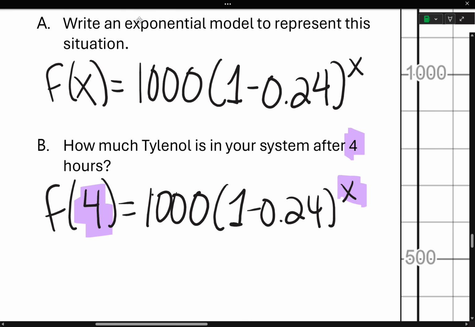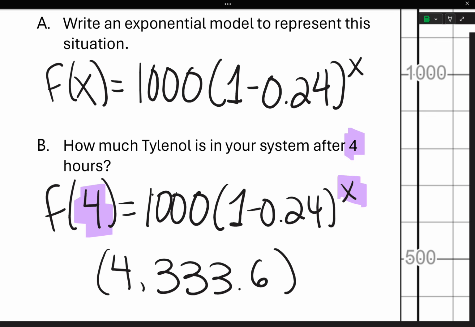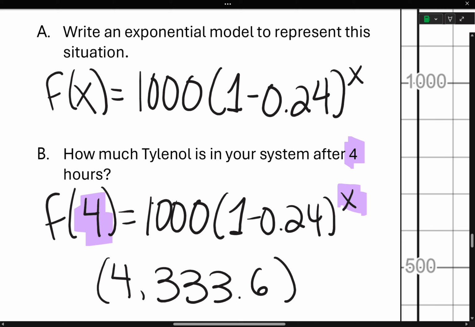What's my screen doing? After 4 hours, we have about a third of it left. Let me double check. Yeah, 333.6 milligrams. Oh, we forgot to say this is our starting point. 0, 1,000. So yeah, after 4 hours, it's about a third gone.